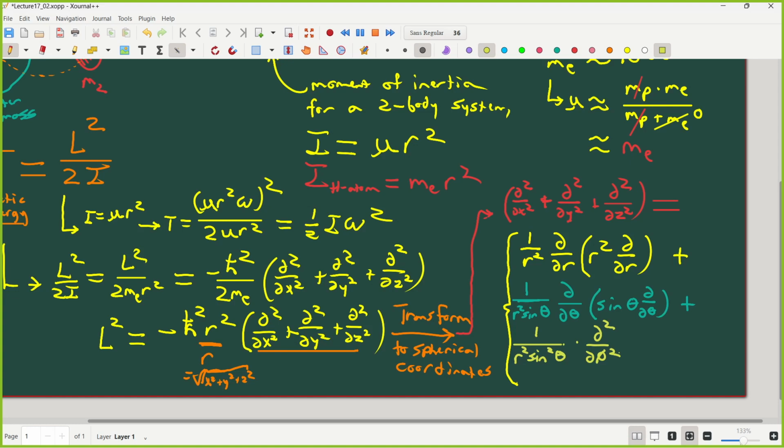This one's only dependent on changes in theta. This one's only dependent on changes in phi. It looks just like this, where you have a sum of an x, a y, and a z. They're independent of each other. But we have some additional constant terms due to chain rule that makes this look really ugly. But the physics are exactly the same. We've converted to this more useful set of coordinates that will actually simplify quite a bit once we make some adjustments to it.